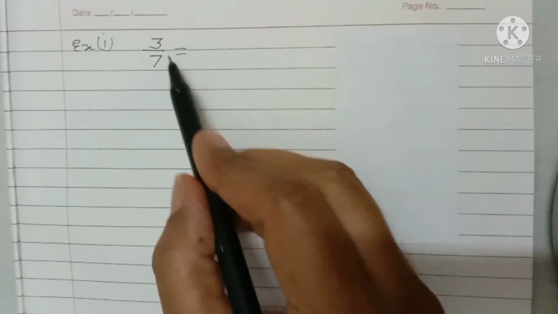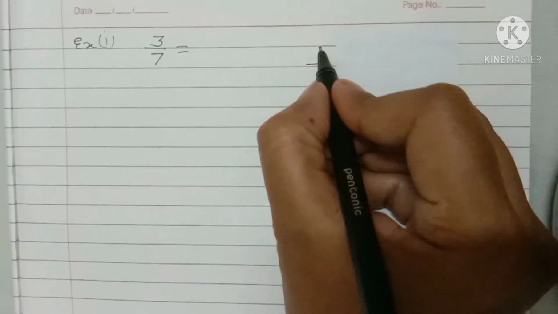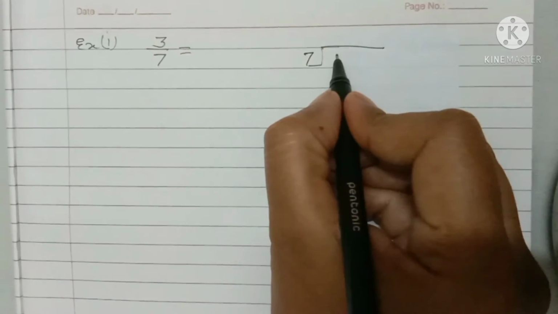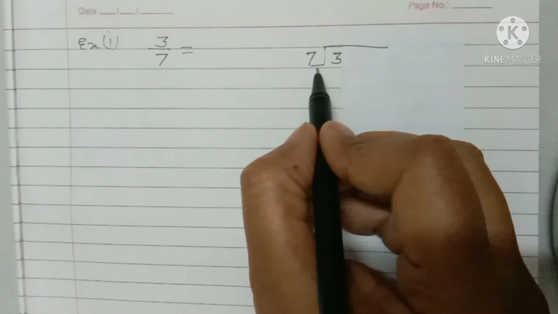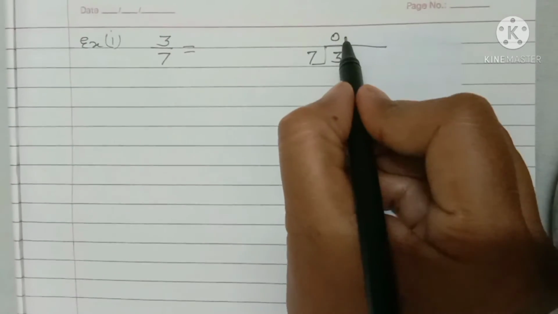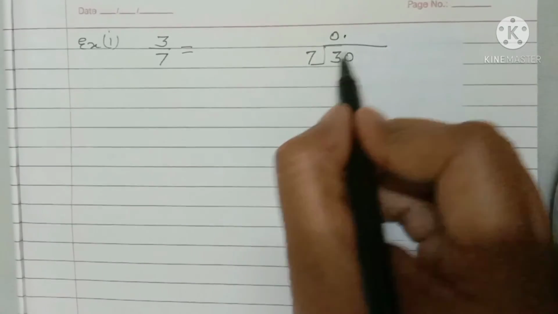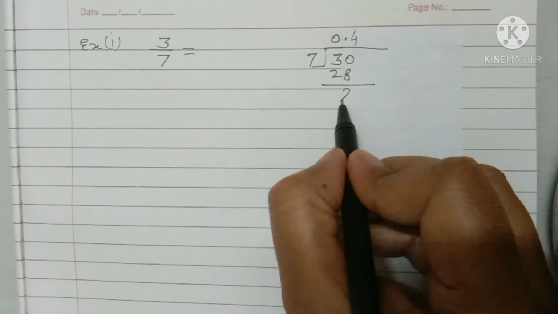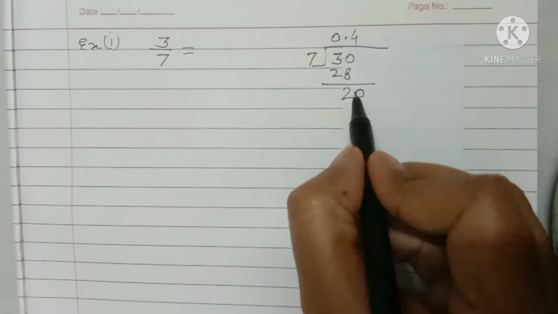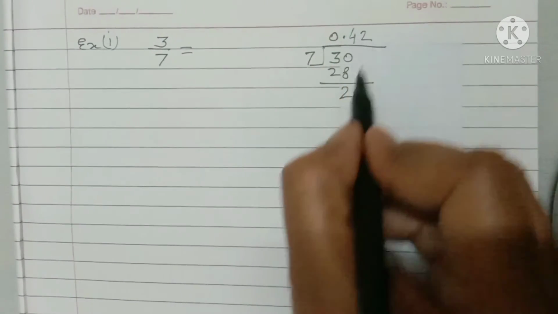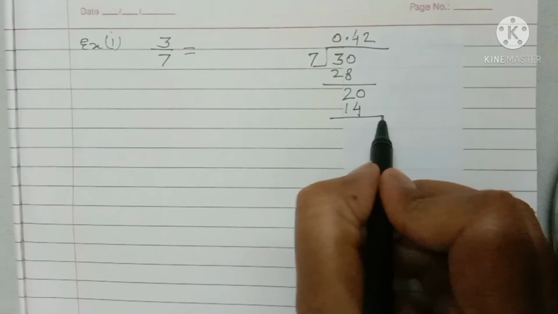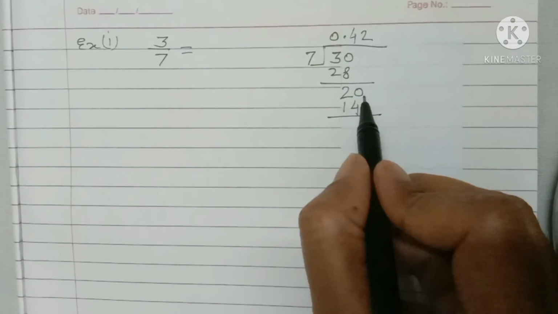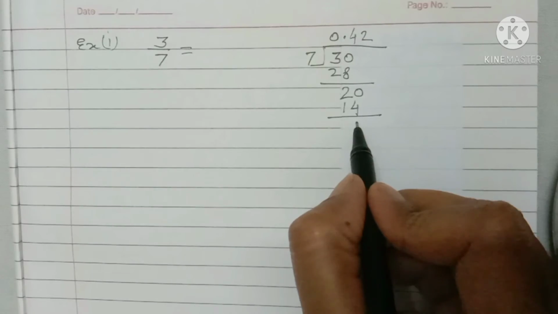Now divide 3 by 7. 7 0 point 0. 7 4s are 28, 29, 30, 2 remainder. The point is there, so put a 0. 7 2s are 14. Now the remainder is 10 minus 4, 6.